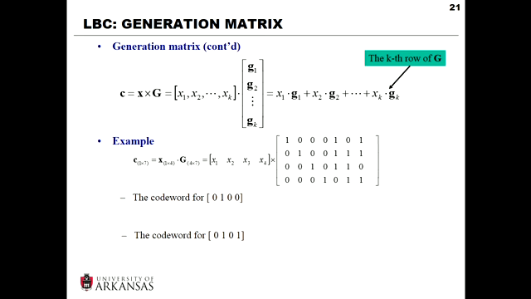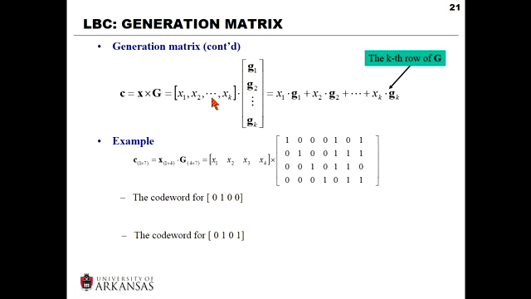The operation of the encoder is just the multiplication of the information vector with the generation matrix. For the generation matrix, we can write it in this way. G1 is the first row of the G matrix, G2 is the second row, so totally we have k rows.